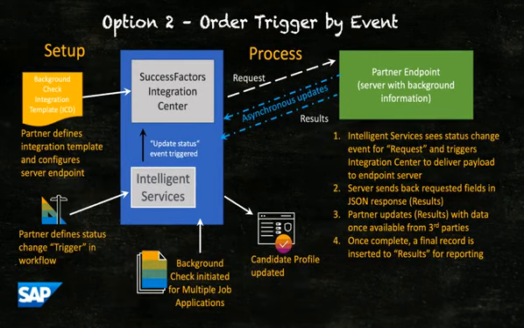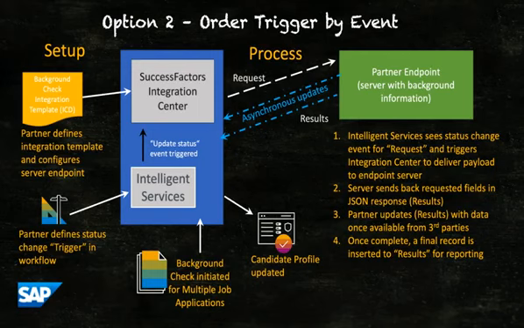And for option 2, we can load multiple applications all at once, doing basically a bulk order to request the background check. For the configuration of this, we need to have the same setup in the integration center with the integration center template with the fields that we need and the destination server configuration and settings.